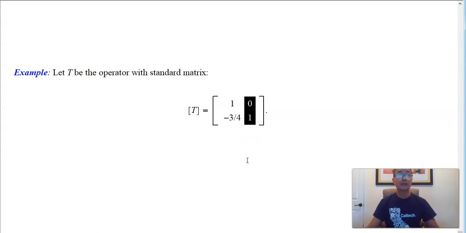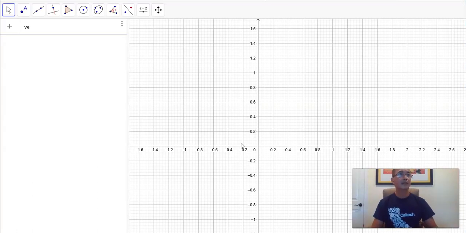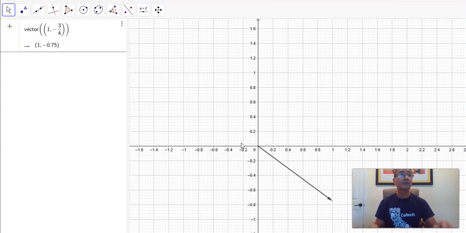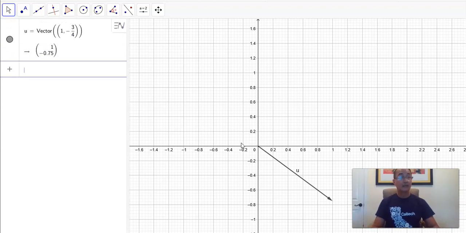All right, so let's go to GeoGebra. We have to remember (1, negative 3/4). Here's another fresh copy. We need (1, negative 3/4) for our first vector. (0, 1) does not change, so we need the vector (0, 1).